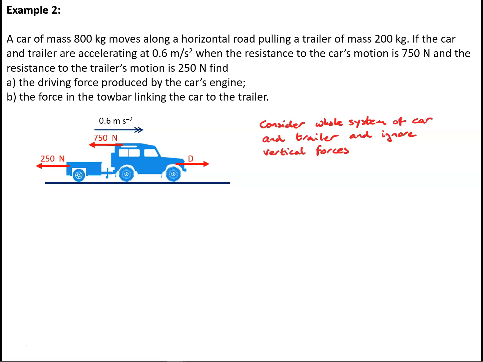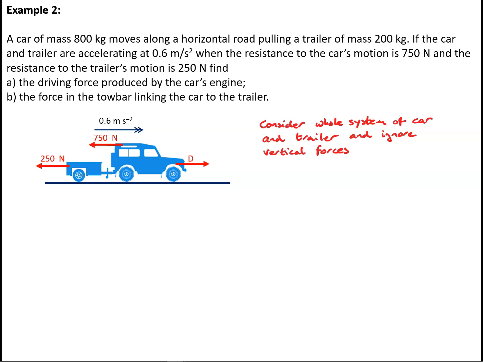What's more, in this diagram we have simplified things by ignoring all of the vertical forces acting, because all of the interesting motion is along a horizontal road, so the vertical forces don't come into account.